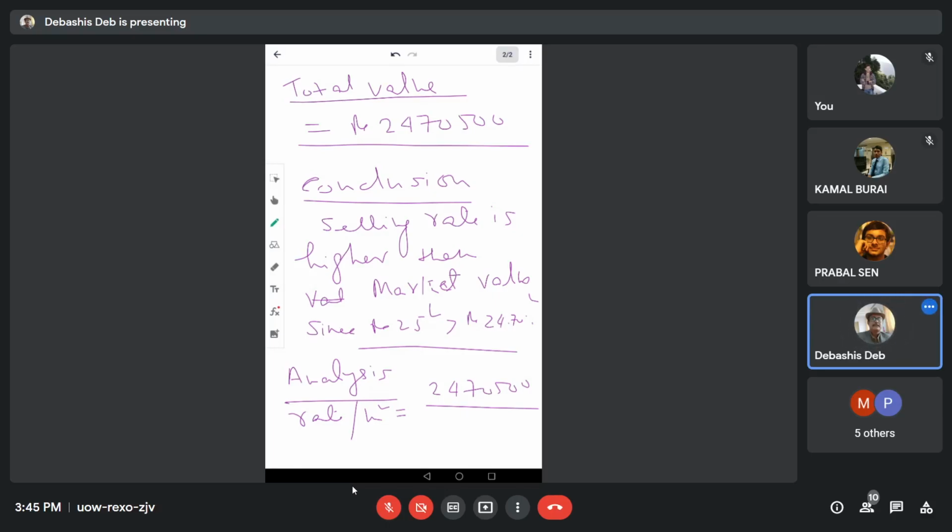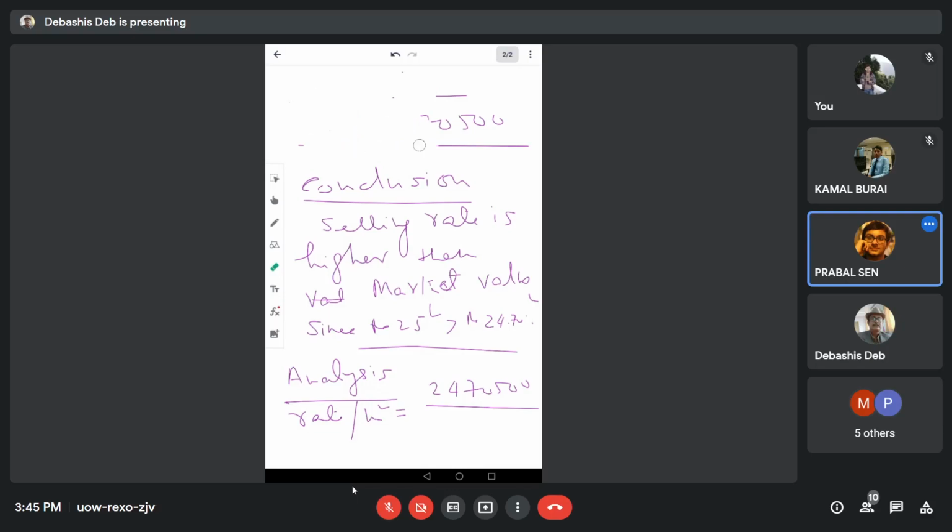Just calculate. Actual area, not equivalent. Because if I divide by the equivalent area, then 900 rupees will come. Because I have converted it into equivalent area with the help of 900.